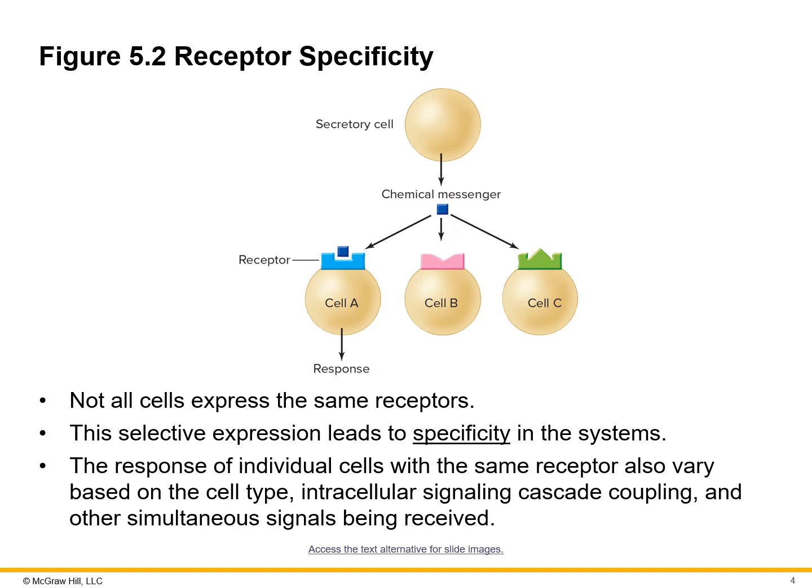So if this is an endocrine cell that is secreting a chemical messenger in the form of a hormone, different cells are going to express their protein, on the picture that we saw previously, that has the shape for that particular chemical messenger. If this tries to sit down in this type of receptor, it's not going to bind, it's not going to change the shape of this, and it's not going to start the signal transduction.